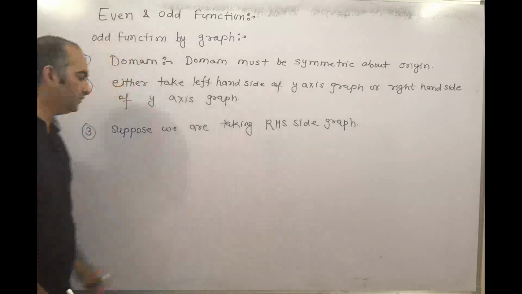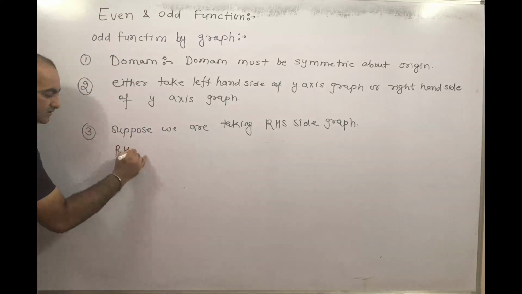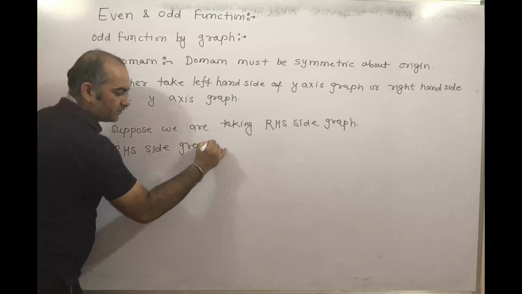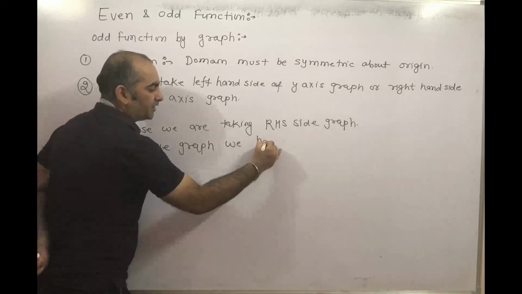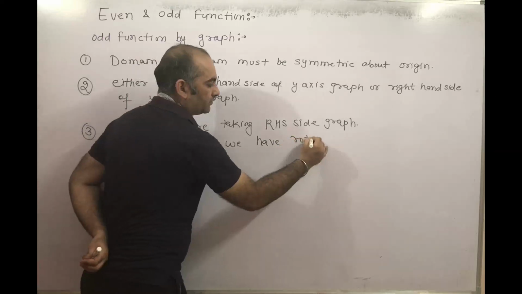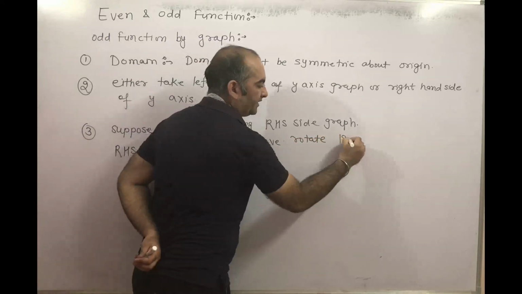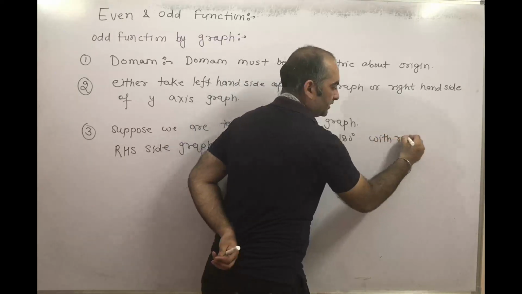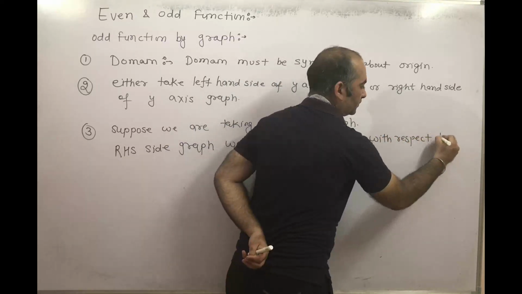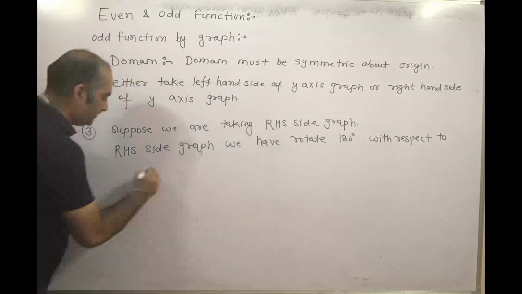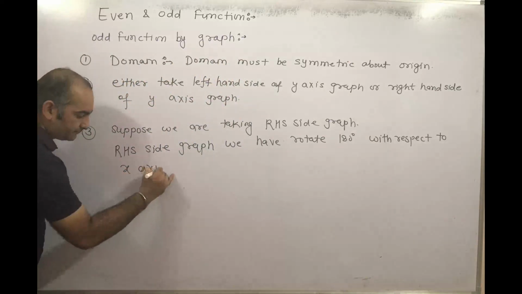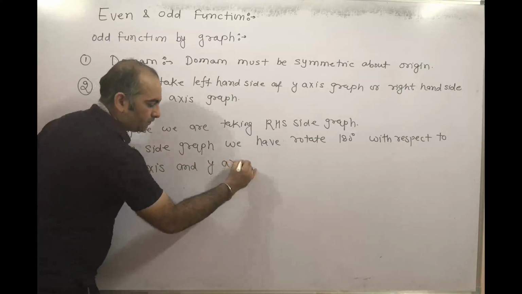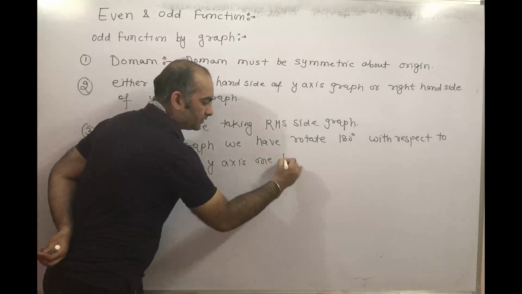Then what you will do, RHS side graph we have to rotate 180 degree with respect to x-axis and y-axis one by one.